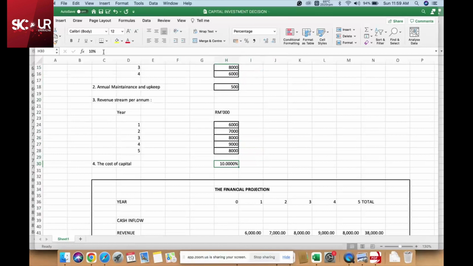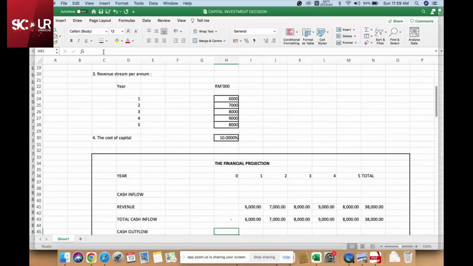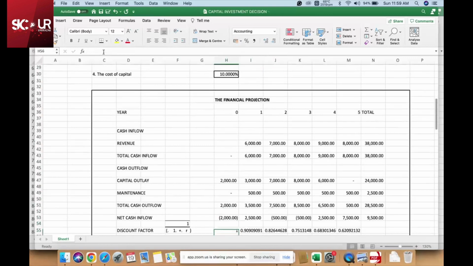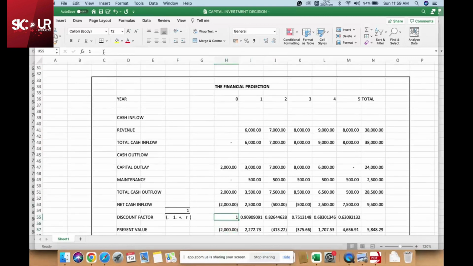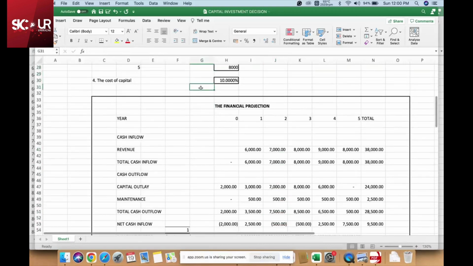Then it will capture the 10%. The same thing for year 2: we take 1 divided by 1 plus, drag again to that 10%, and so we will have the formula to capture the 10% rate.